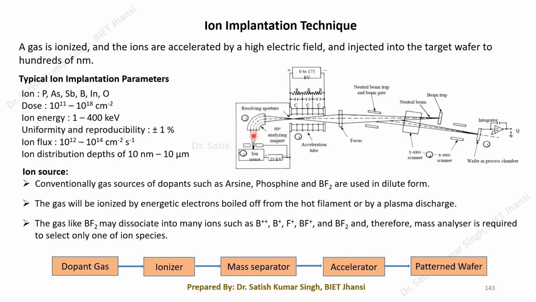So the Lorentz force equation balanced by the centrifugal force can be written, and based on that, different ions are going to be deflected with a different radius of curvature. Then a particular ion can be selected by controlling this analyzing magnet.